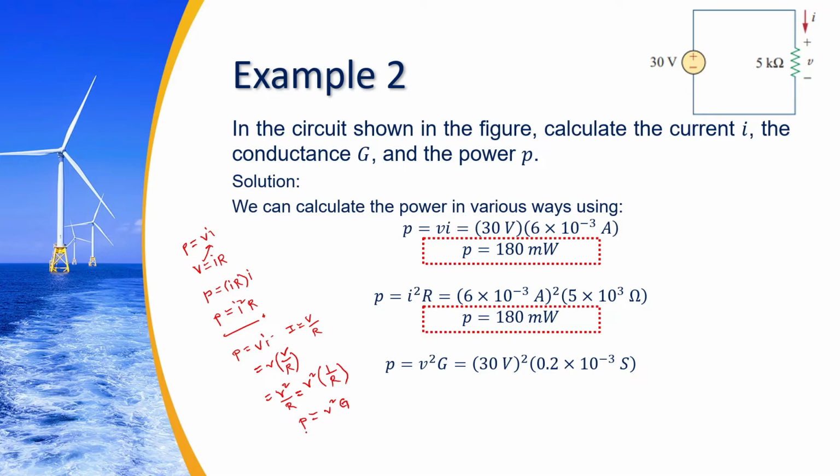So therefore, that will be the formula for power. By substituting the values, we have a voltage of 30 volts, which we square, and a conductance that is the reciprocal of the resistance, which we computed earlier as 0.2 millisiemens. Okay? So by getting the product, we still get the same power of 180 milliwatts.